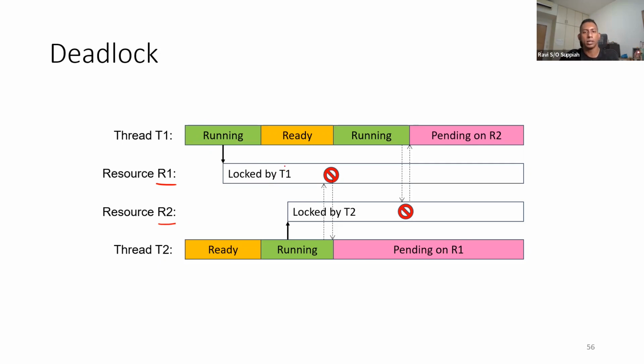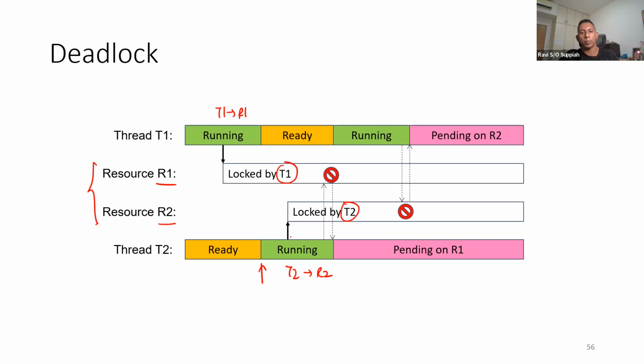It goes and locks resource 1. Then maybe it gives up the CPU, so task 2 runs, and it goes and locks resource 2. So task 1 has acquired resource 1, and task 2 has acquired resource 2. But task 1 requires both of them, and task 2 also requires both of them.